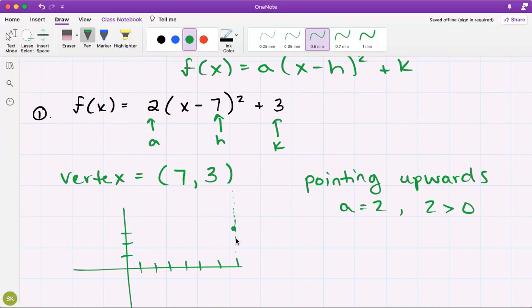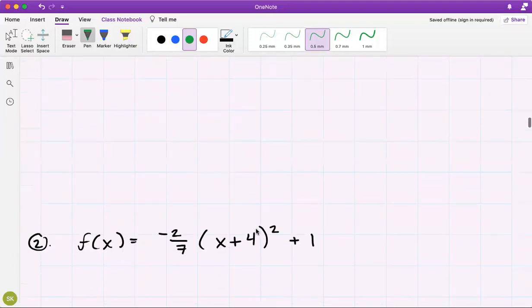Because this line is called an axis of symmetry at x is equal to 7, because remember that a parabola is symmetrical. So whatever is on this side of this x value, x is 7, you're going to have the identical copy over here. So this is the basic shape of the graph. It's going to have a vertex, which is a minimum because we're pointing upwards, and we're going up like this. You can see that here.